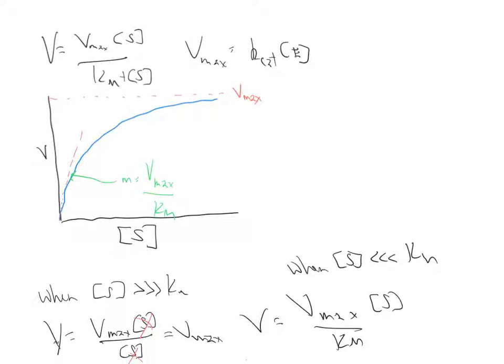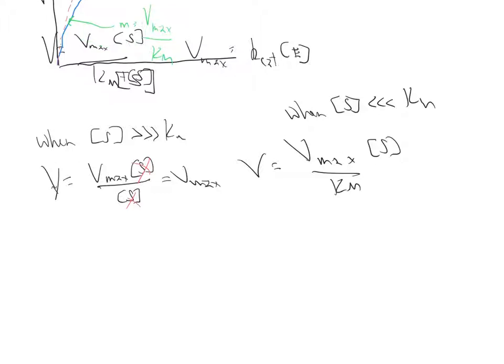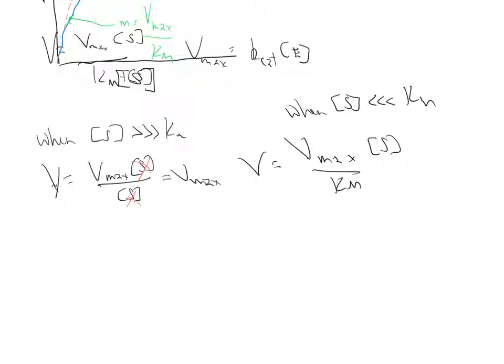So there's a couple of other terms that we're going to learn. Kcat is the catalytic rate constant. It also has another term that gets used many times called turnover number. So Kcat is also called the turnover number.